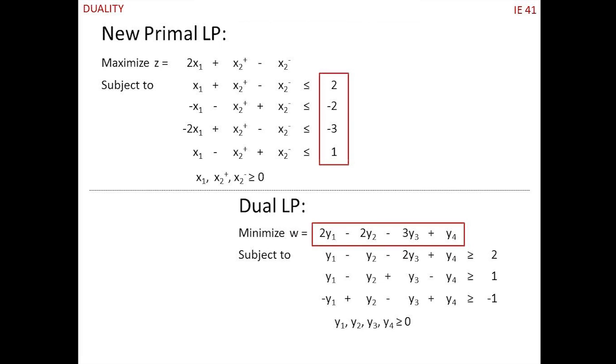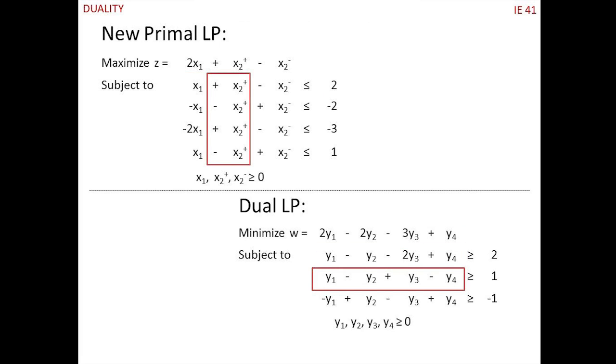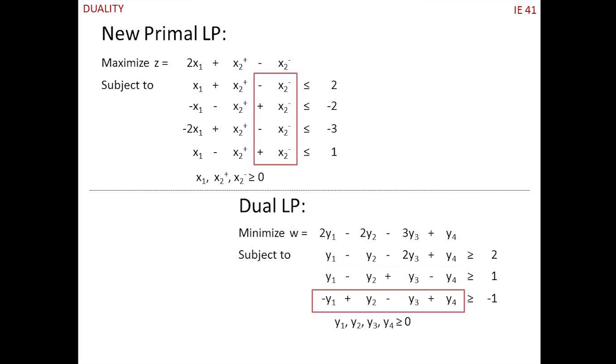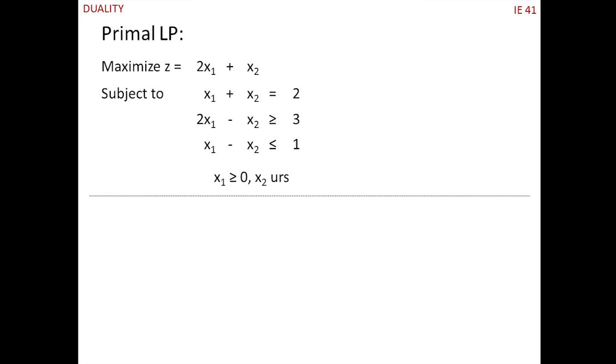You can do this long method of transforming it first into a normal LP, or just use our table for the transformations. Based on the table, we can arrive at the following dual of the original non-normal maximization LP.